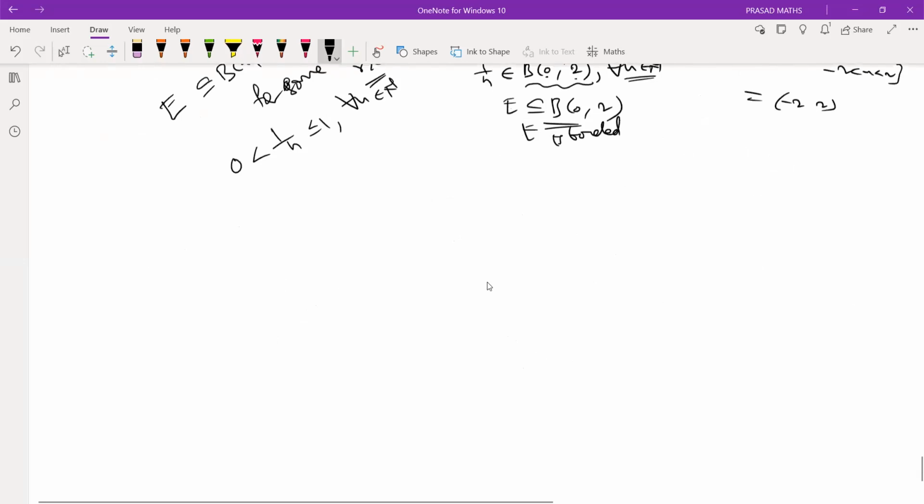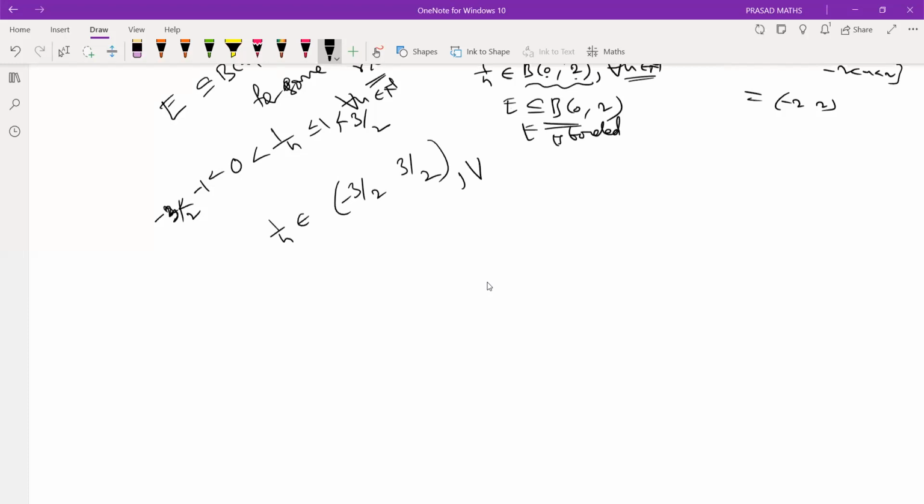Can it be written like this: -1 less than 1 by n less than 2? Actually, -2 is not fixed, I can take any value here, but for the sake of convenience I took -2. Even if you take -3/2 and 3/2, the proof works, because I need to find an open ball. So -3/2 less than 1 by n less than 3/2. That means 1 by n belongs to the open interval -3/2 to 3/2, and this is true for every n.